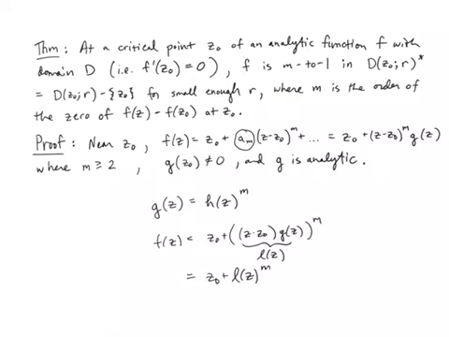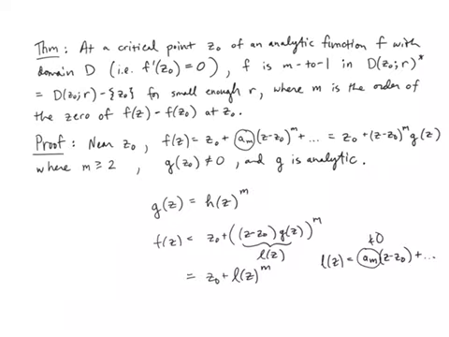And the thing about L of z is that because g of z has a non-zero leading term of order 0 in its power series, L of z starts with a sub m times z minus z naught plus dot dot dot, where this a sub m is not equal to 0.